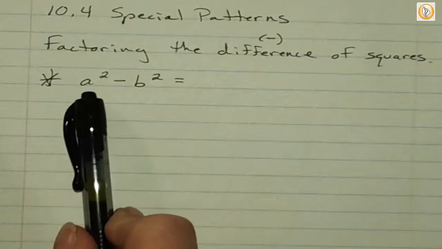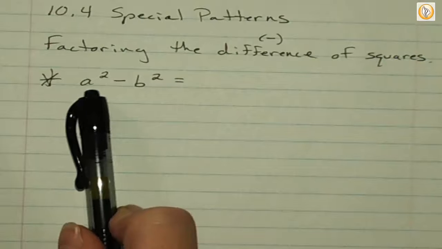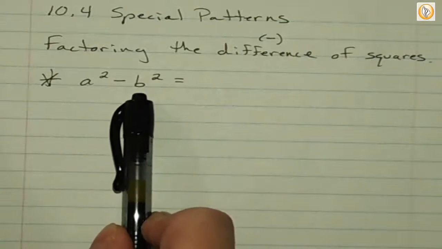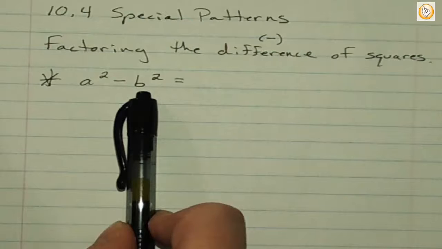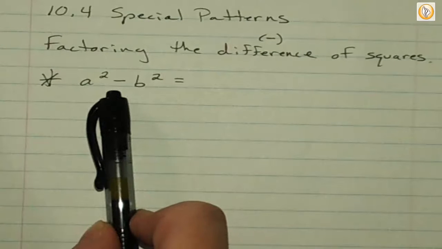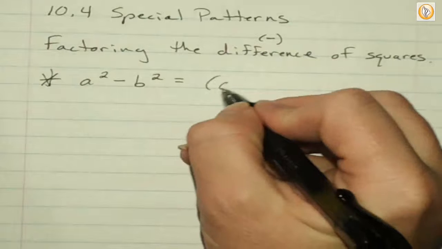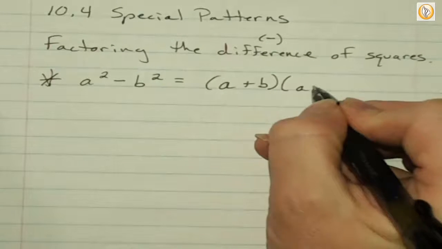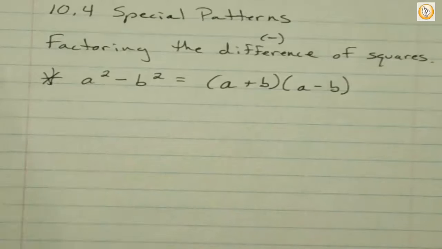If the first one is a perfect square and this one is a perfect square, and you have a subtraction sign here, the answer is A plus B times A minus B.